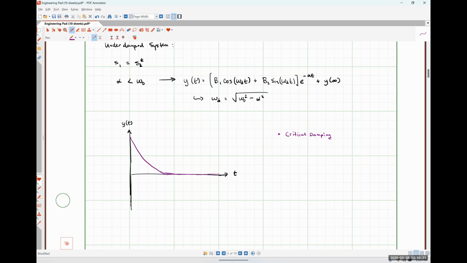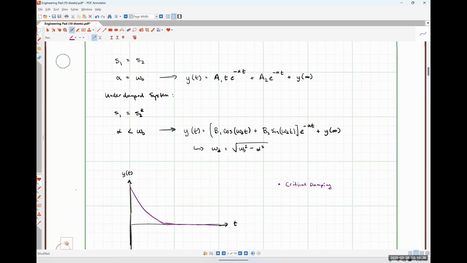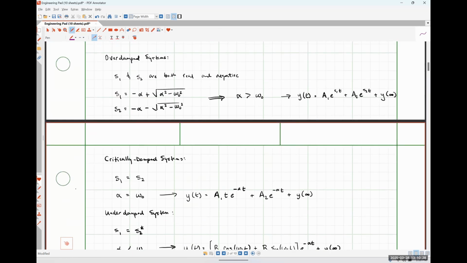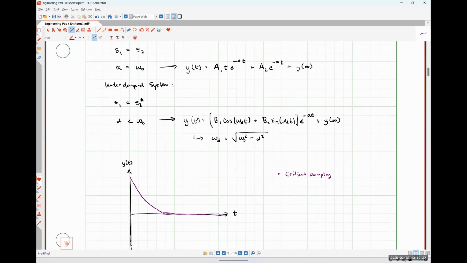Looks like a simple exponential decay, okay? Fairly reasonable, especially if one of our natural frequencies is much larger in magnitude than the other natural frequency. It's going to look more and more like it's a single exponential function, okay?